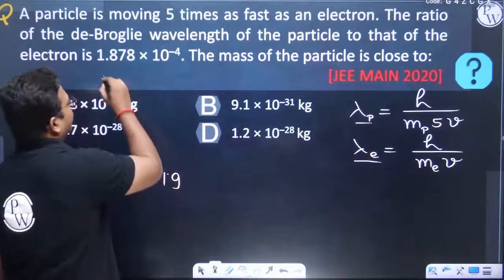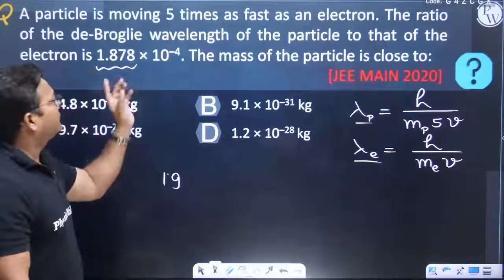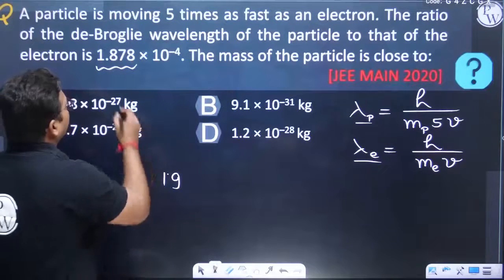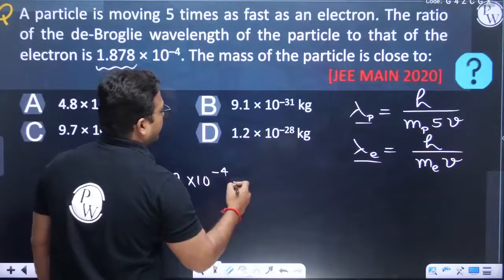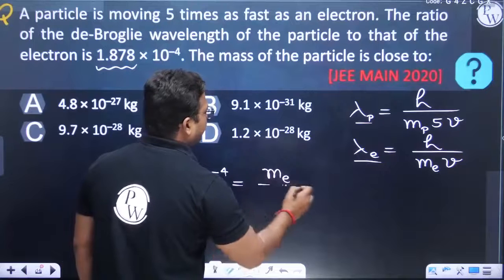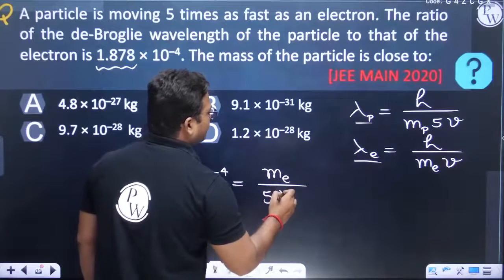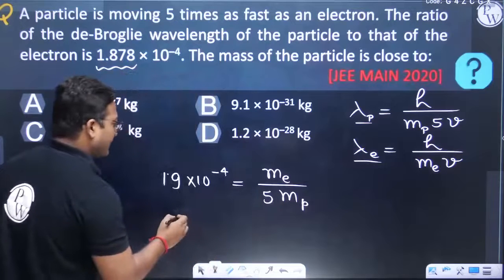Okay, so we have 1.9. Let's take an approximation. This value is almost 1.9 times 10 to the power minus 4, and on the right hand side you have mass of electron divided by 5 times mass of particle. Just calculate the mass of particle.